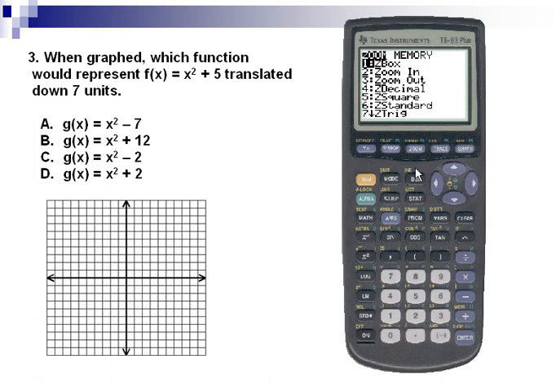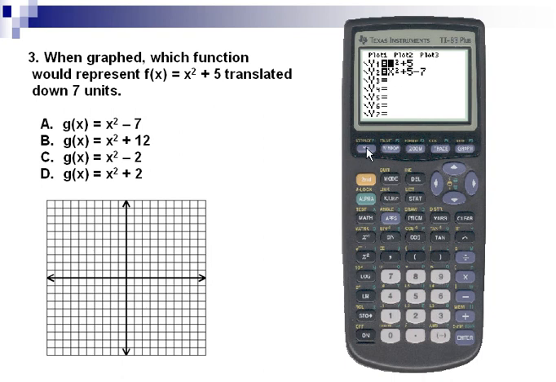Now graph. There is y equals x squared plus 5, and then translated down 7 units, the same graph. Notice that the second graph was translated down 2 units from the origin.